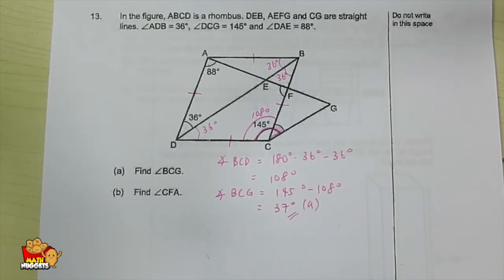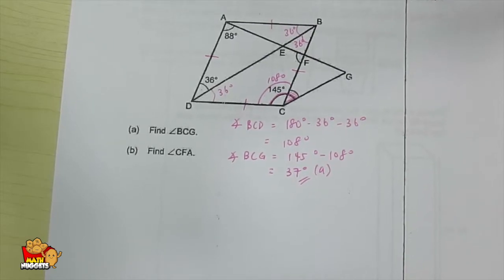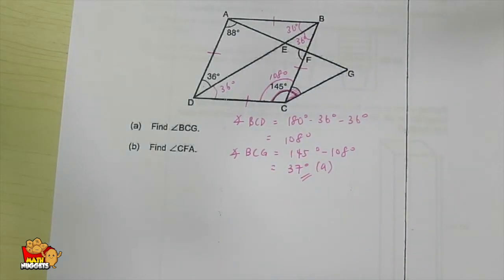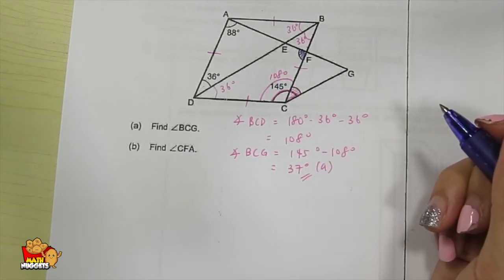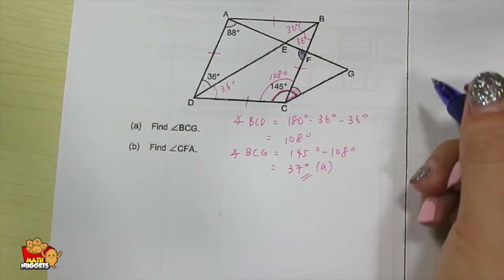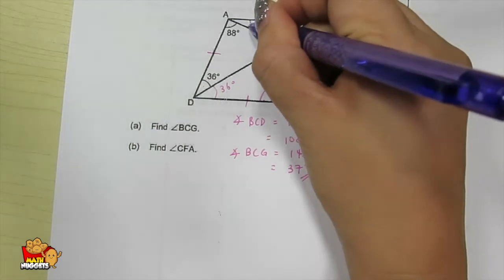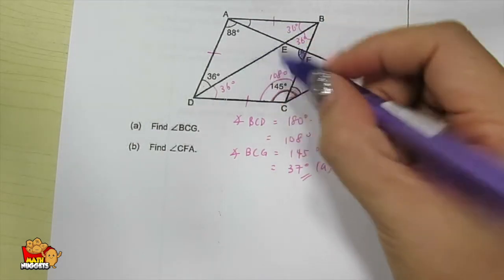Part B, find angle CFA. This one. How should we find that? First, I'll probably want to find this angle. Now, opposite angles are the same.